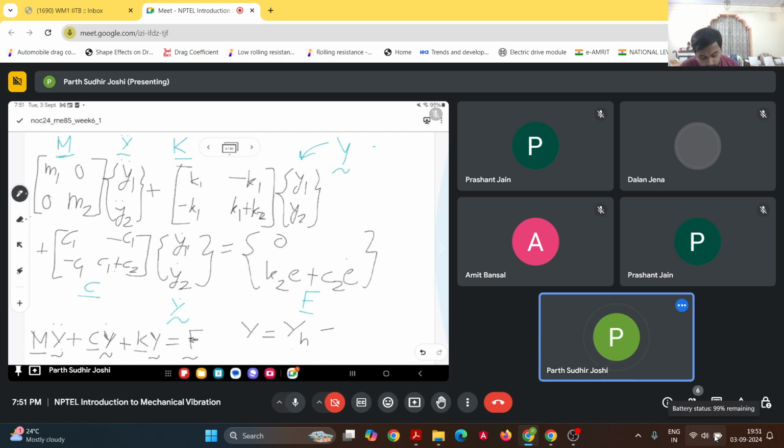Then there is the particular integral or particular solution, which is yp. The nature of yp will depend on the nature of f, whereas yh will depend on the mass, stiffness and damping.